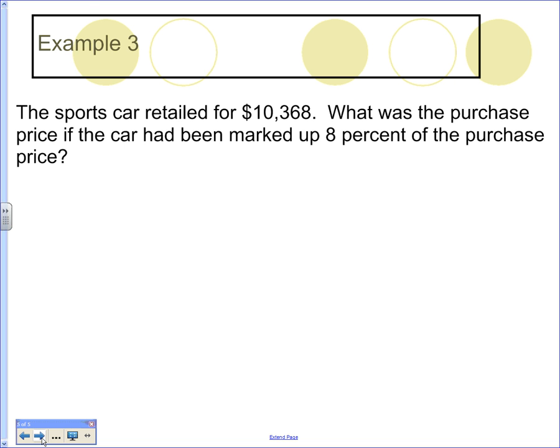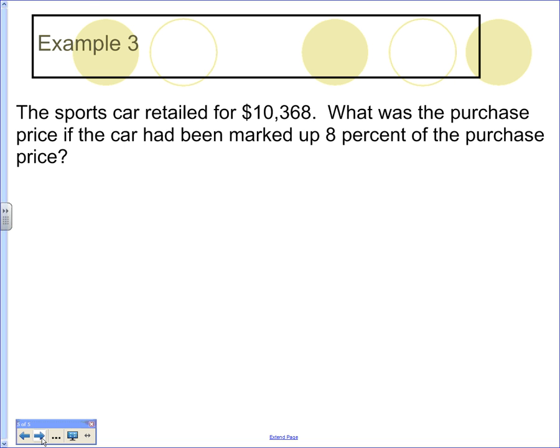What the store bought. So retail is what you pay, which is the sale price. Retail is the sale price. Because I'm going to buy a car and then I'm going to sell it for a higher amount. And what I'm selling it for is what it retails for.